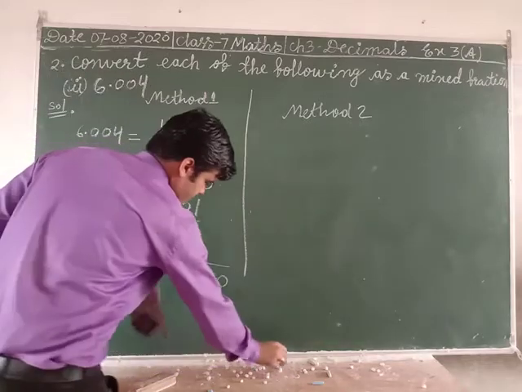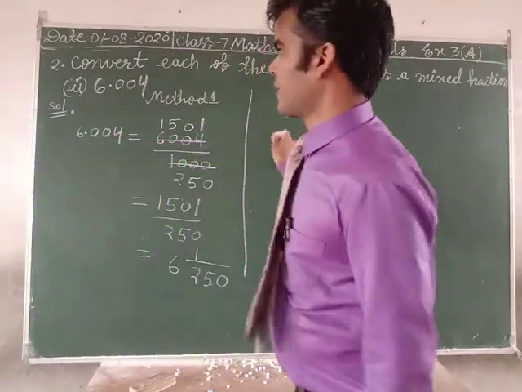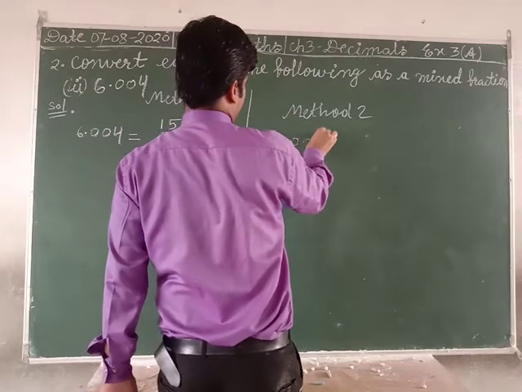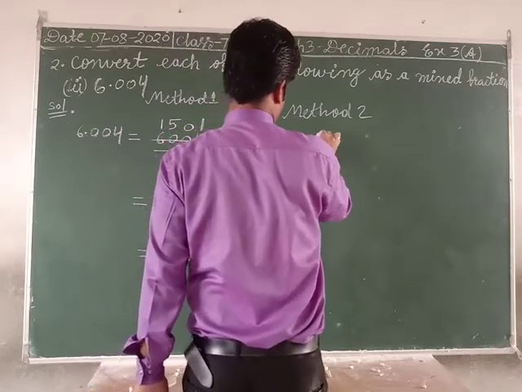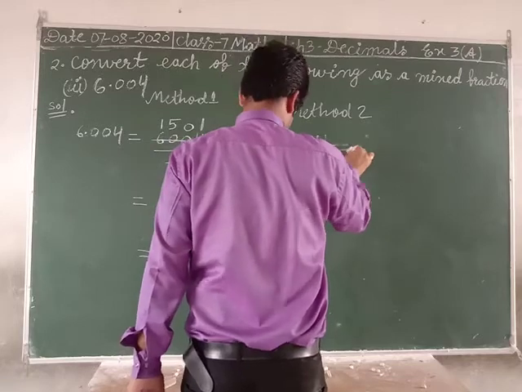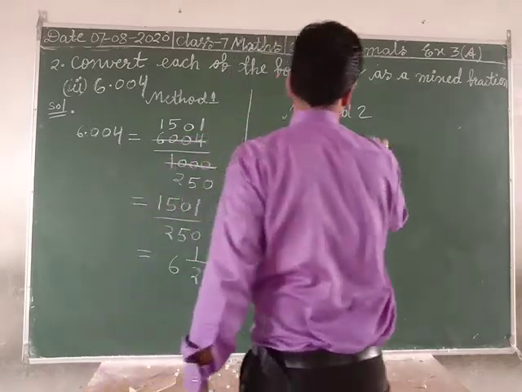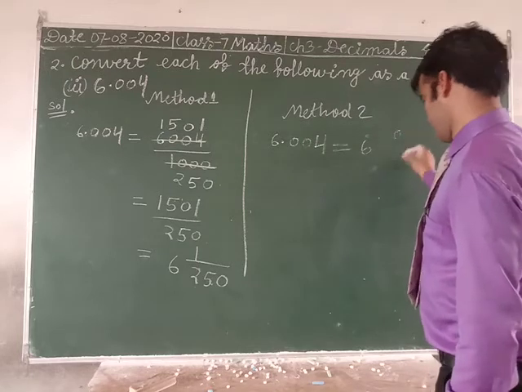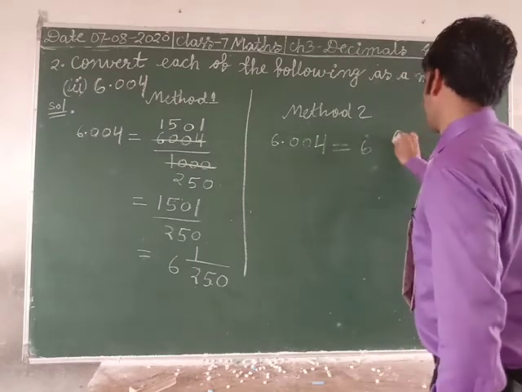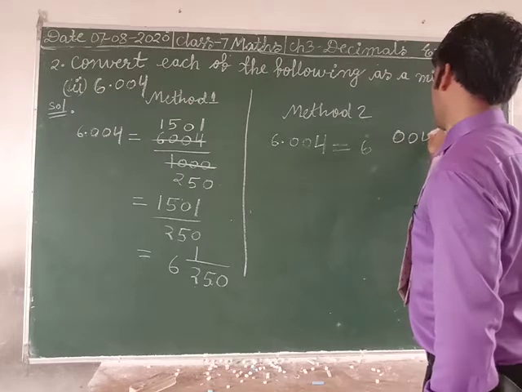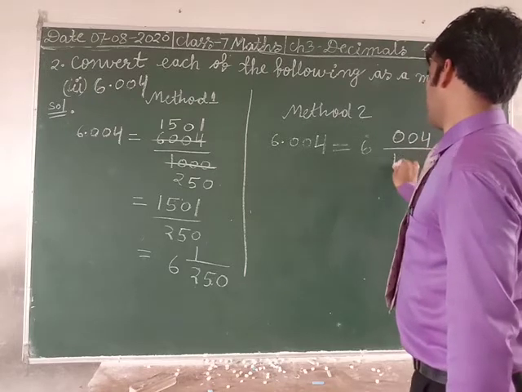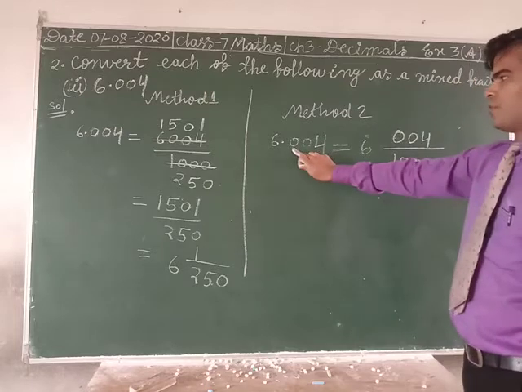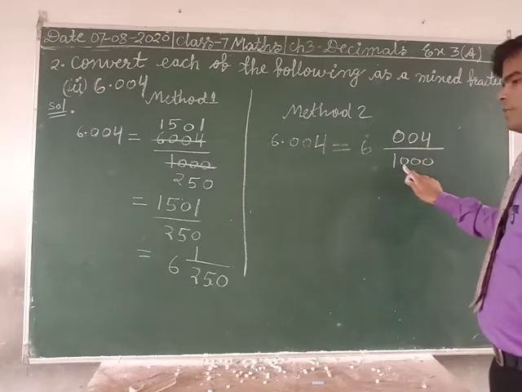Now students see the second method. 6.004 is equal to 6 and the decimal part as a fraction. So we write 004 upon 1000, because after the point there are 3 digits, so we have to put 3 zeros.